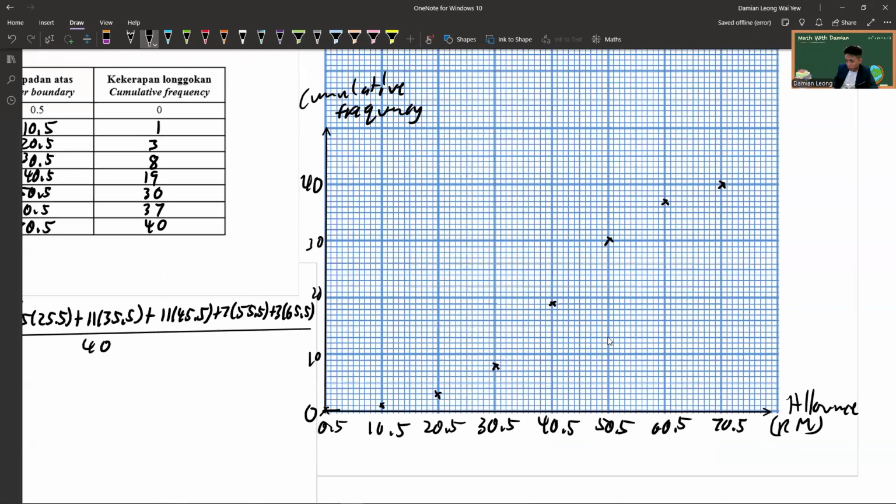It's not so easy for me to draw lah. Yeah, something like that.